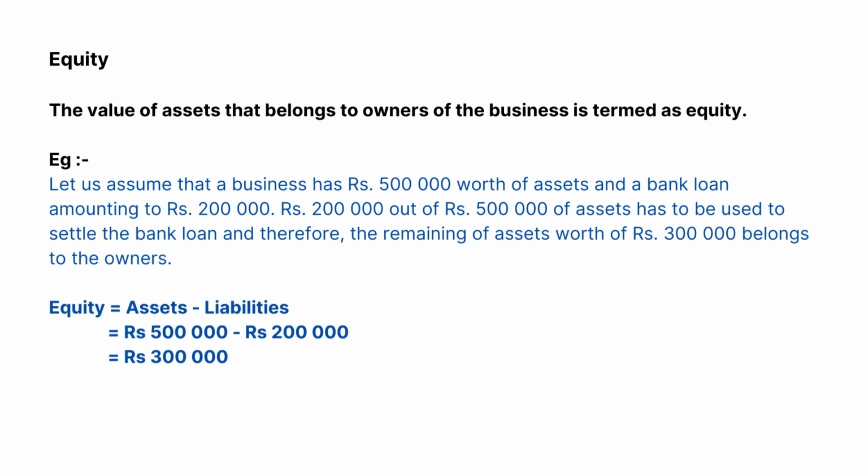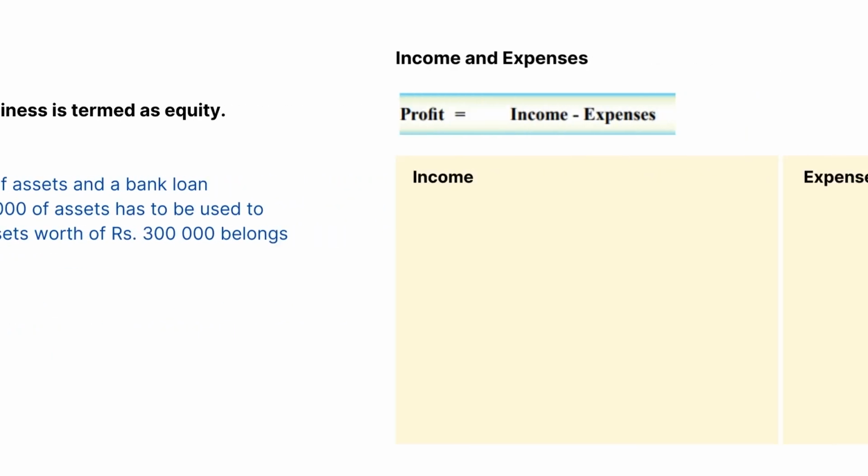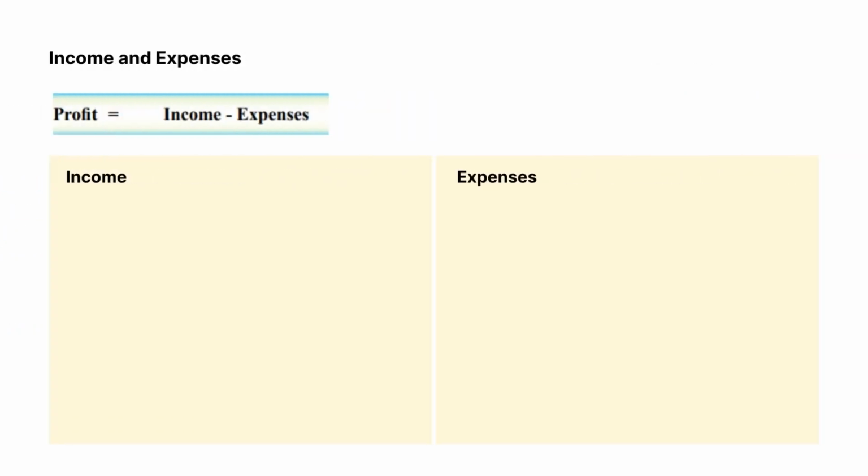Next, income and expenses. Profit of a business is the difference between income and expenses. Profit belongs to the owners of the business. Therefore, profit must be added to the equity. Profit can be calculated separately and it can be added to the equity.